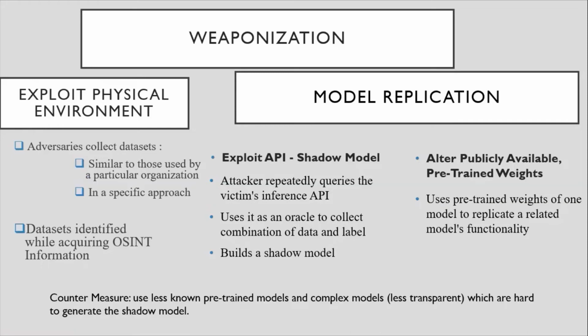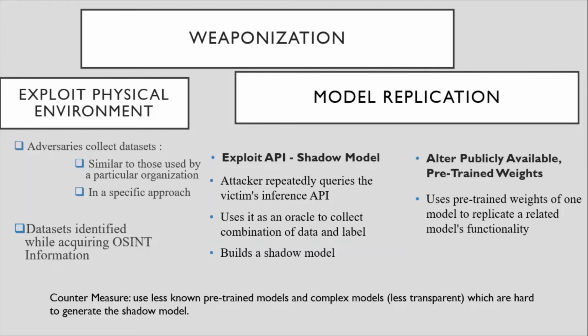The way a shadow model works is that the input and the output of the actual model are used to train a new model, which is known as the shadow model. If attackers have API access, they can use that to build a shadow model, and from the shadow model, they can guess the decision boundary or the weights of the target model. That can be classified as the weaponization stage.